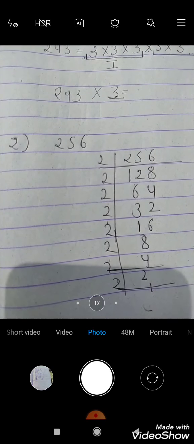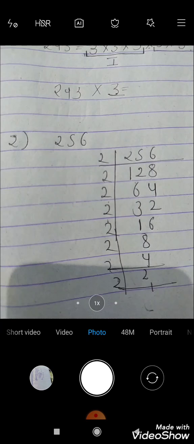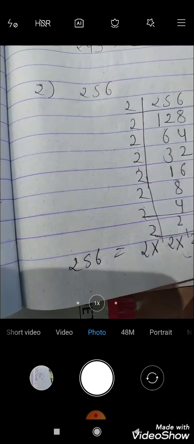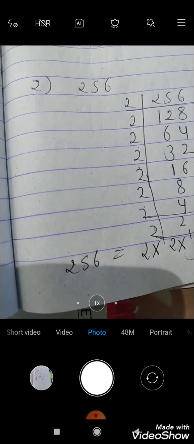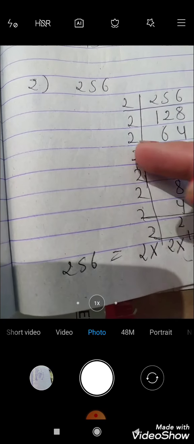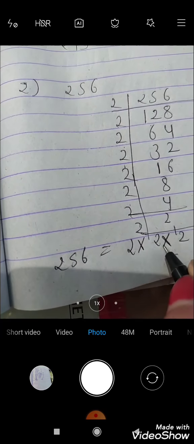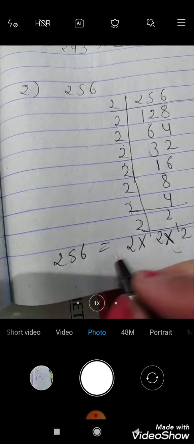For this, first we factorize 256 by using the prime factorization method, and the factorization is 2 multiply by 2 multiply by 2 multiply by 2 multiply by 2 multiply by 2 multiply by 2 multiply by 2. It means we multiply 2 by itself 8 times.